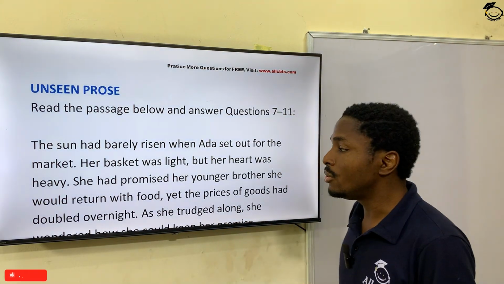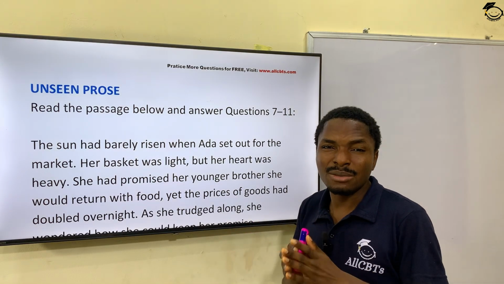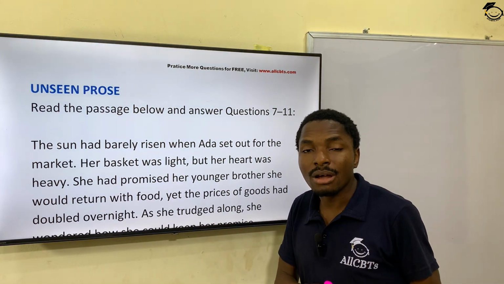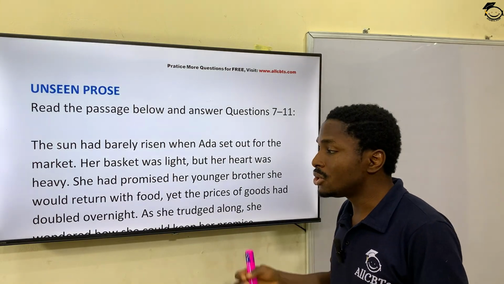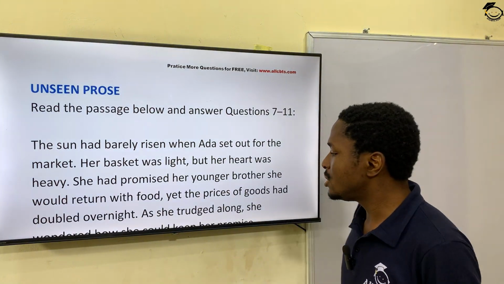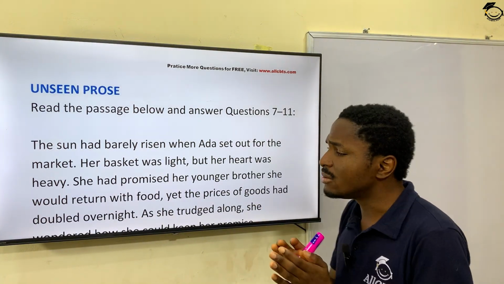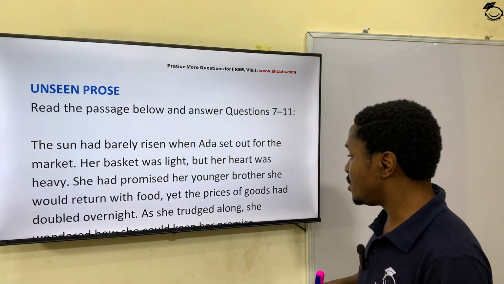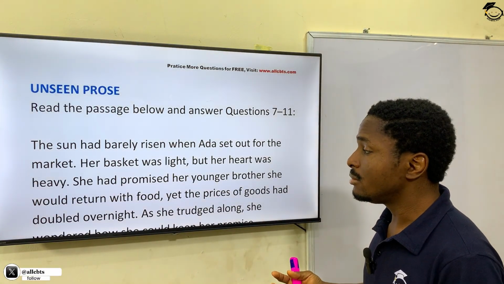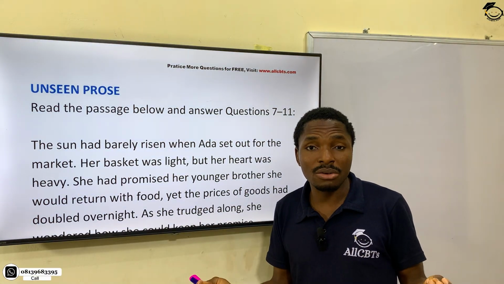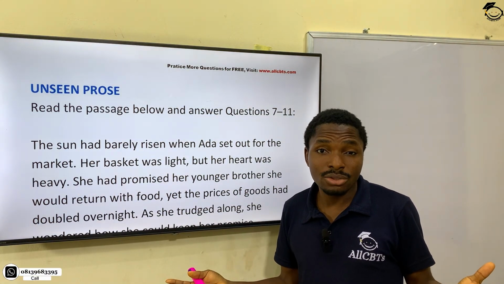So she's going out very early in the morning, like this market woman will often go out very early in the morning with basket in her hand, to see what she can shop with the little money that she has. But she got information that the price of goods has doubled, so she's scared, she's worried. She might not be able to return with something substantial or anything at all.